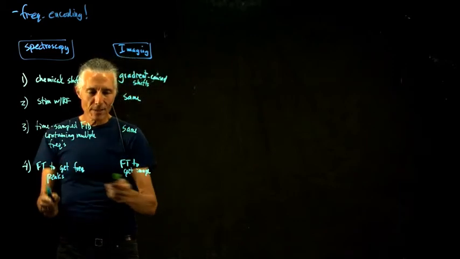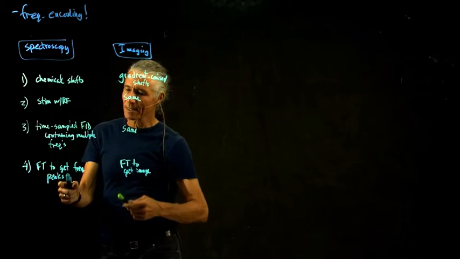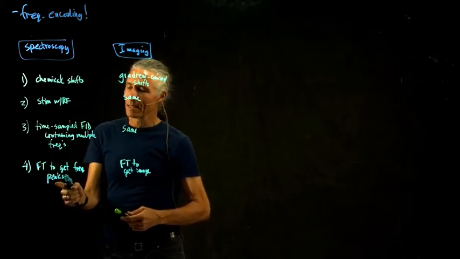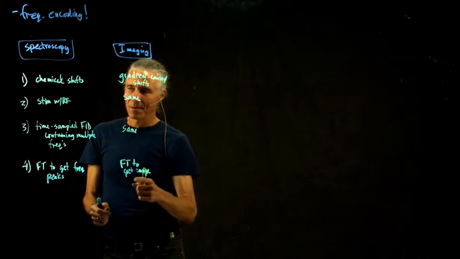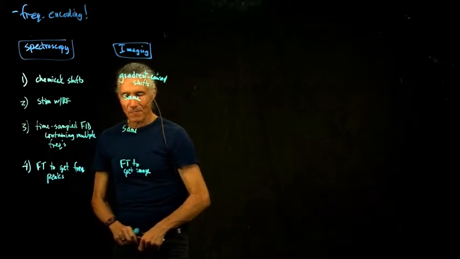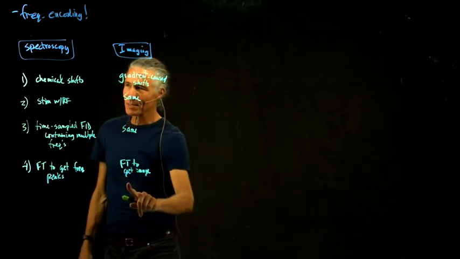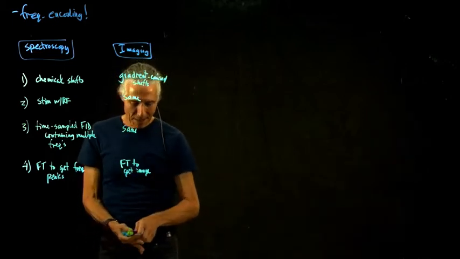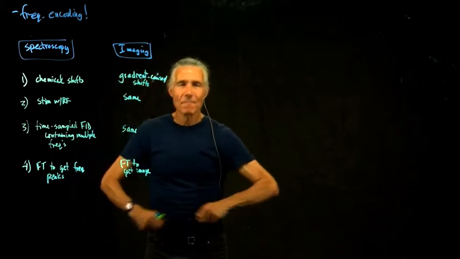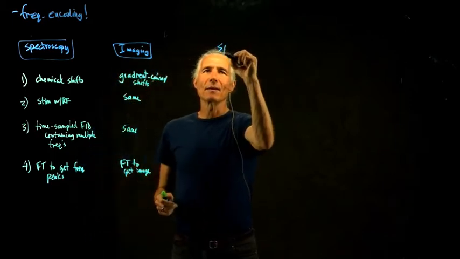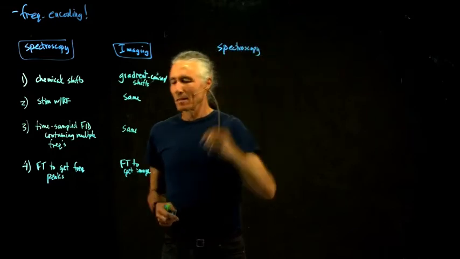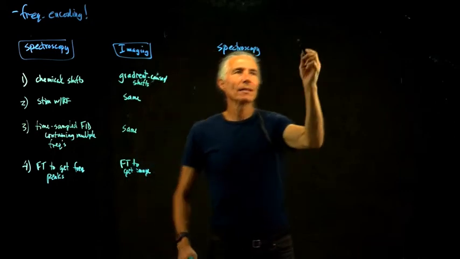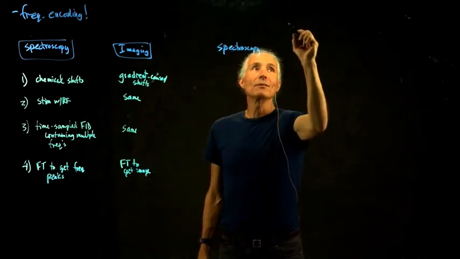And then we do a Fourier transform. And we analogize frequencies, precession frequencies, with spatial locations. And so the last step is the problem. The last step is the problem because in spectroscopy, here's our signal.